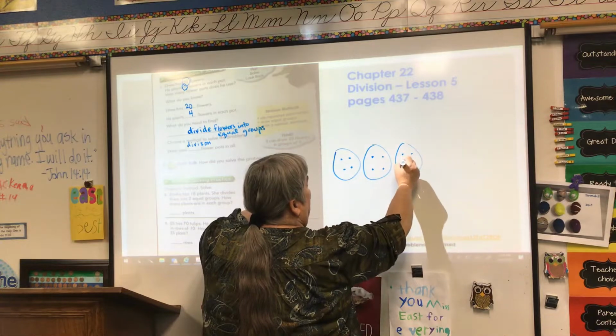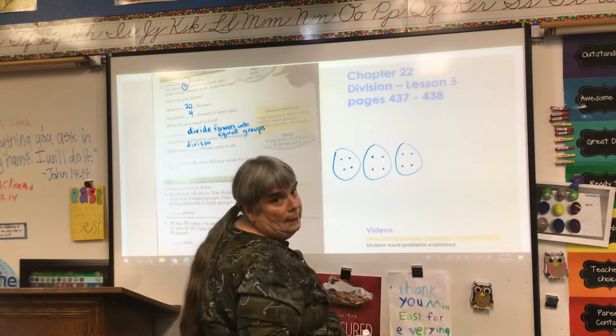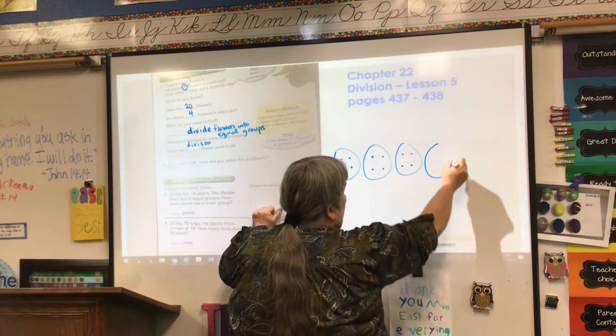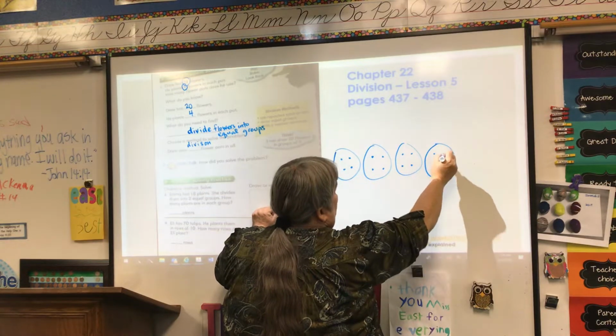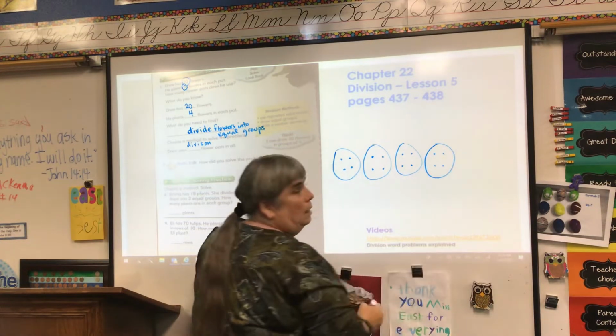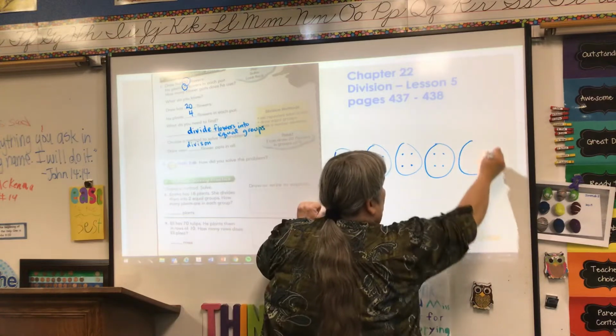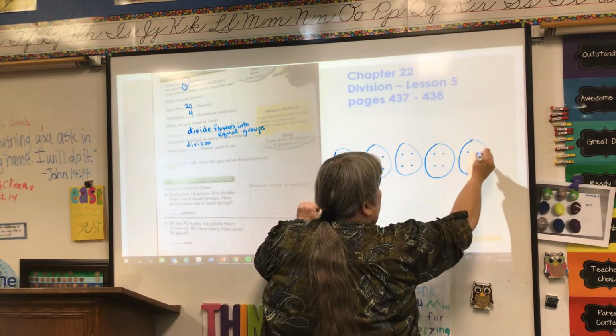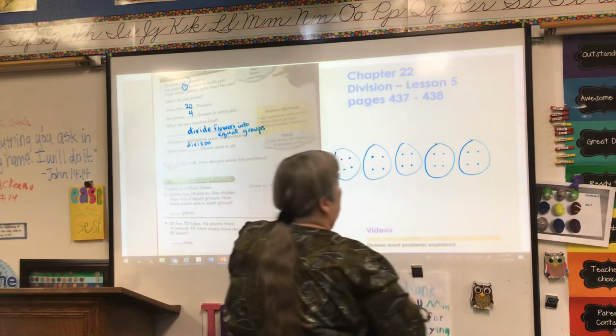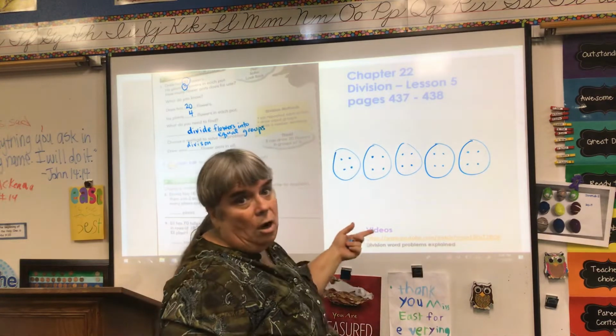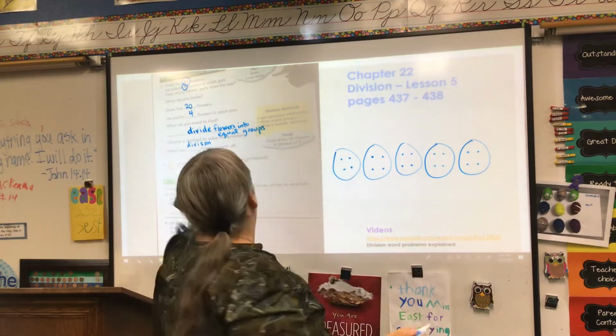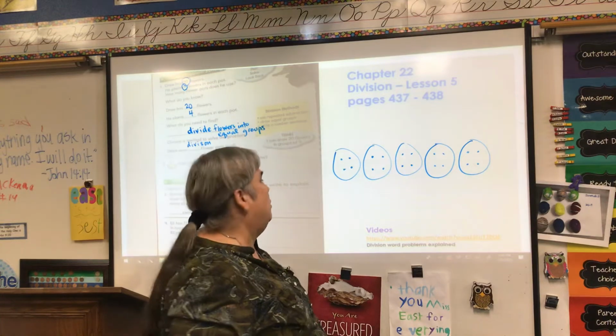9, 10, 11, 12. Looks like I'm going to need some more equal groups. 13, 14, 15, 16. Not quite there yet. 17, 18, 19, 20. Now these circles that I've drawn are really the flower pots that Drew used. Okay?